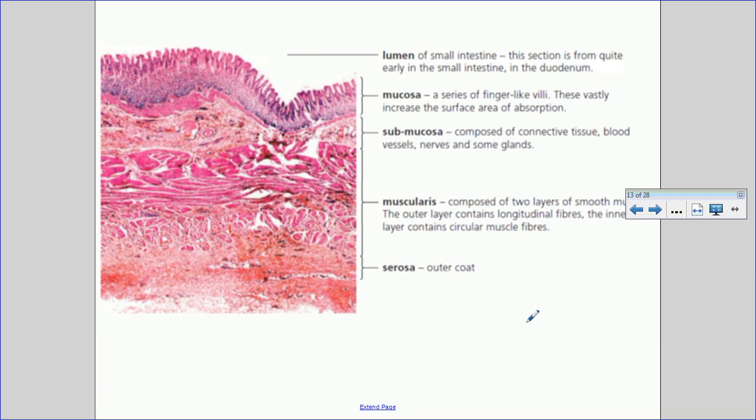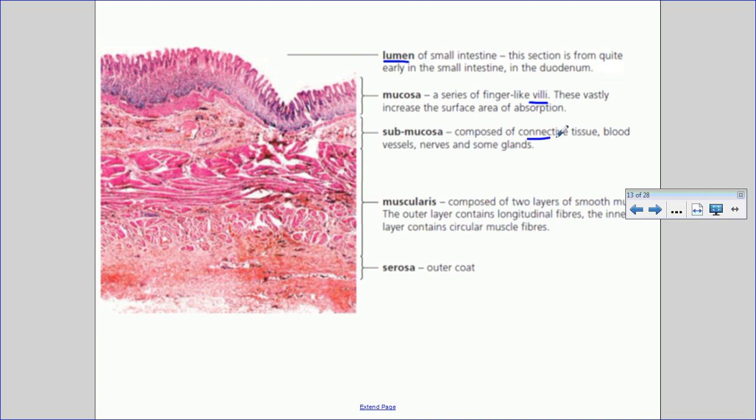Looking at a different transverse picture, we can still identify the same layers. So here in this white area, we have our lumen, and then this purple area where we have these finger-like projections is going to be our mucosa, where we'll find the villi. And then just below that purple area is going to be the submucosa.